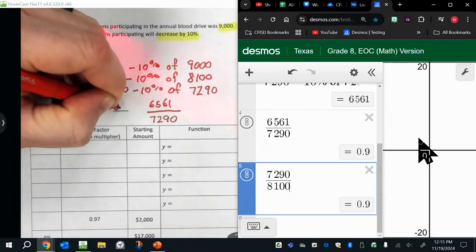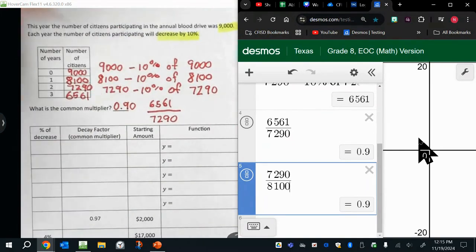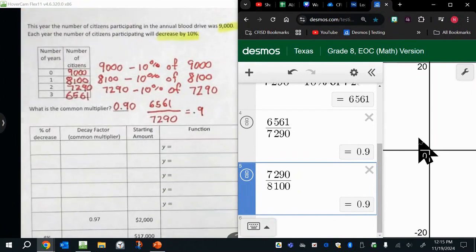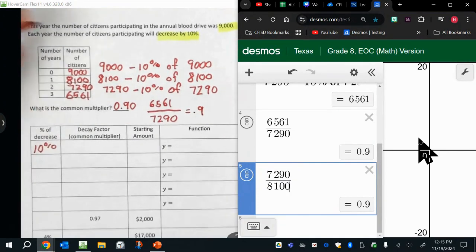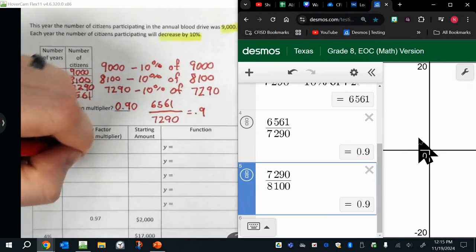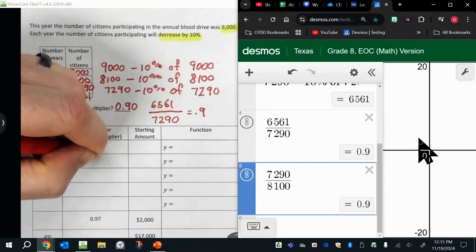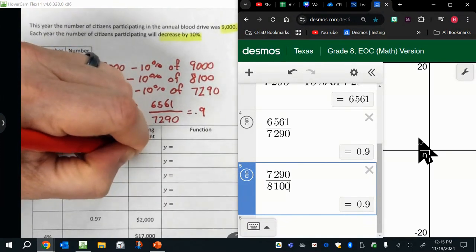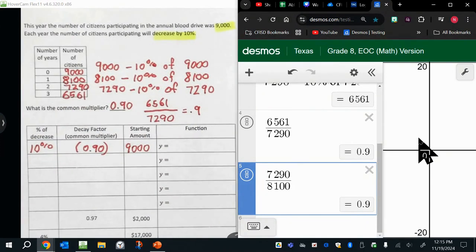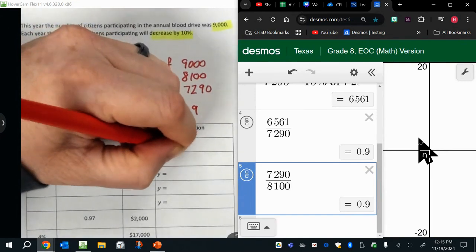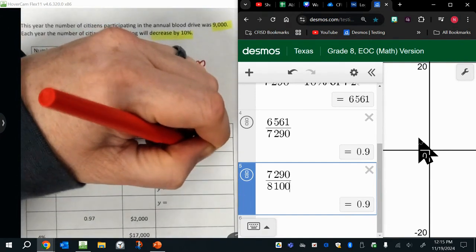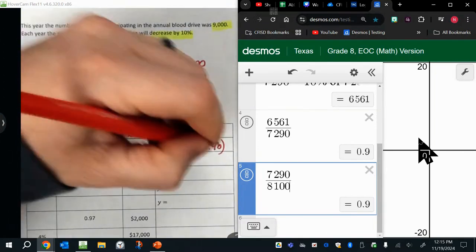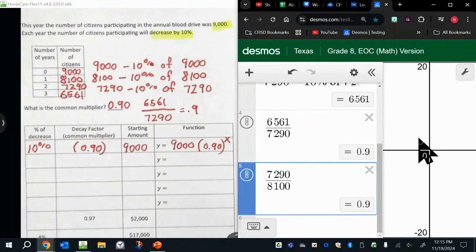So we're going to write it like this, 0.90. So if I am decreasing at 10%, because that's what we had, then my factor is 0.90, and my starting amount was 9,000. So my equation would be 9,000, 0.90 to the power of x.